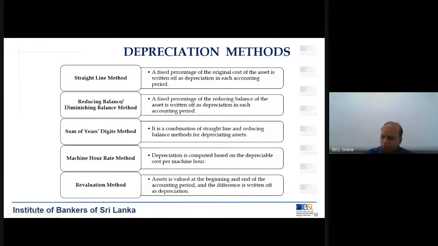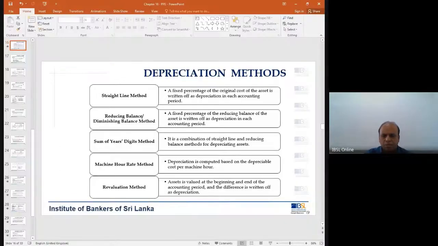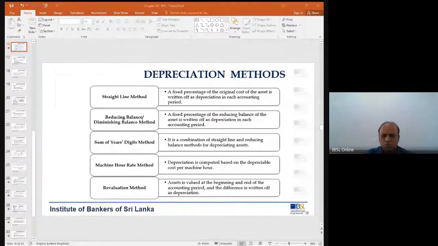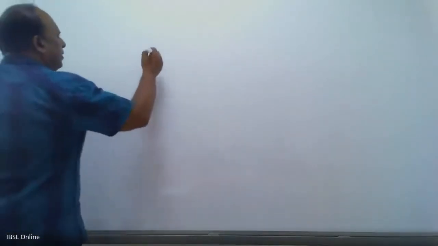So before we move ahead, I will run through the straight line method again so that those who were not there can follow.